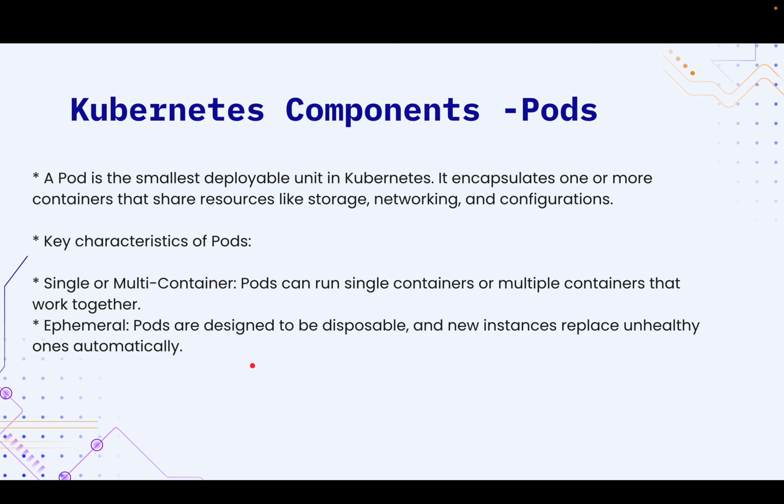I also covered pods. A pod is the smallest deployable unit, and it contains the containers. It can have one or more containers, single or multi-container. One important thing to note here is that these pods are ephemeral, meaning they are designed to be disposable, and new instances replace unhealthy ones automatically.